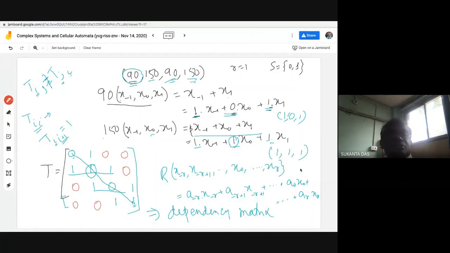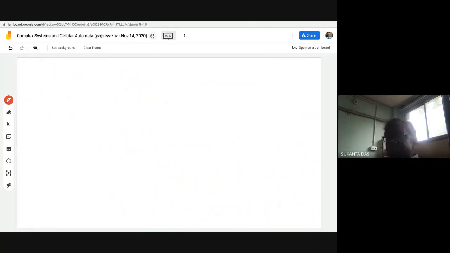Now I am telling you how to develop it for the periodic boundary case for the same CA. My CA was 90, 150, 90, 150 with periodic boundary condition.